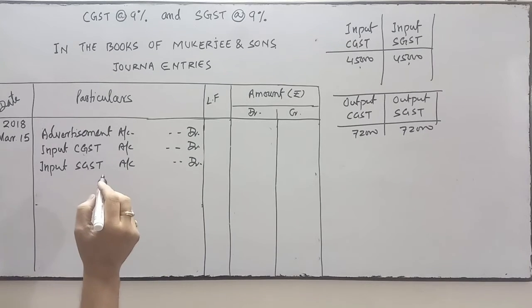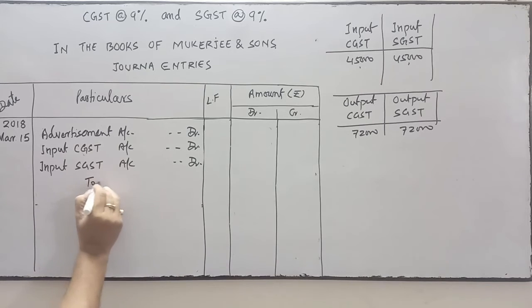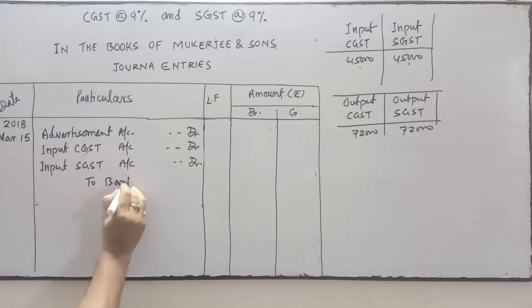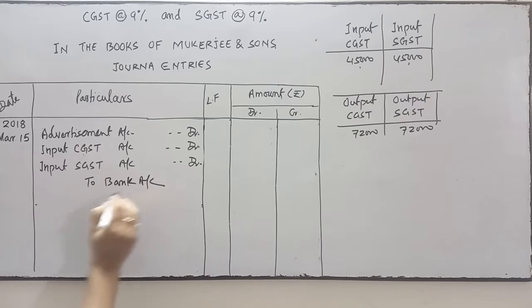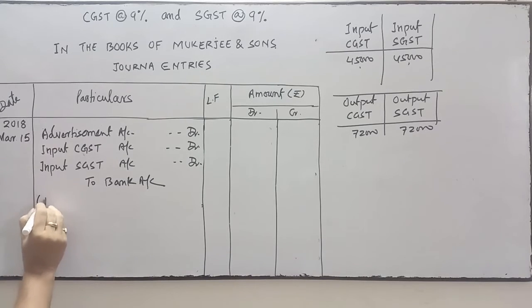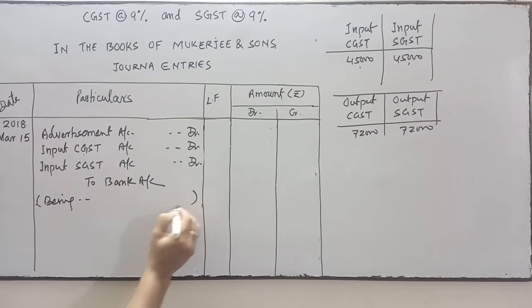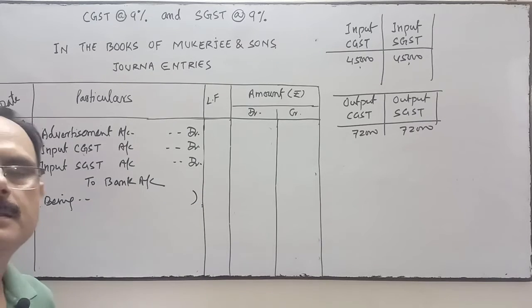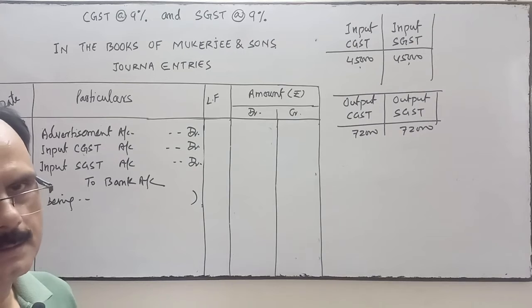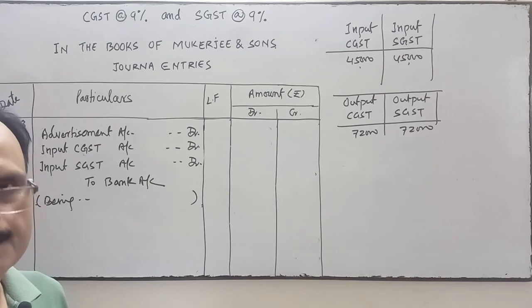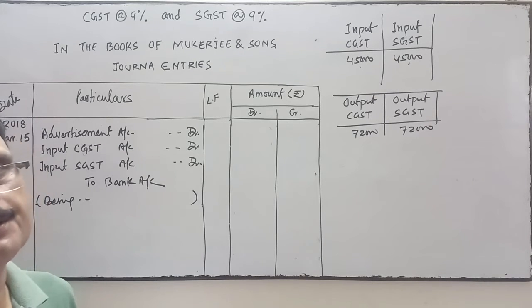And advertisement is paid by check, so bank account will be credited. Narration will be simple and short. Being advertisement paid, including CGST at the rate of 9% and SGST at the rate of 9%. This will be your narration.